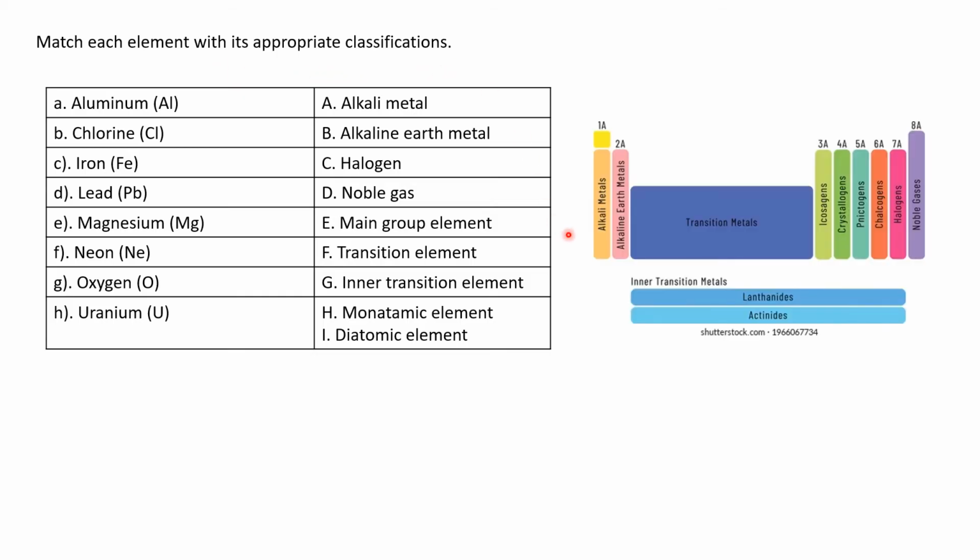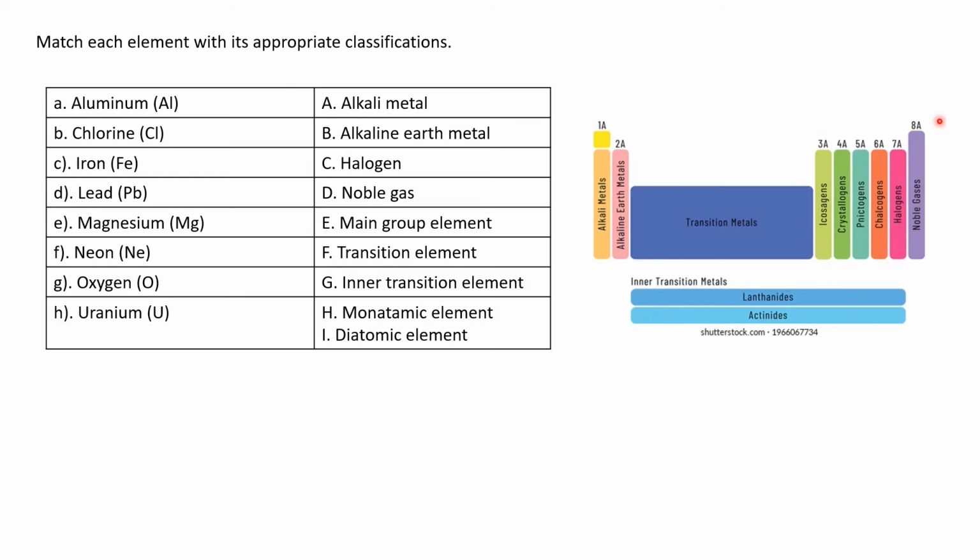Match each element with its appropriate classification. So let's go to the periodic table. The elements in group 1A except hydrogen are called alkali metals. The elements in group 2A are called alkaline earth metals, and then you have your transition metals and inner transition metals.